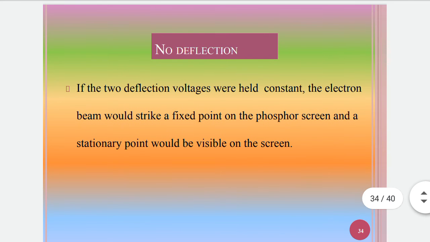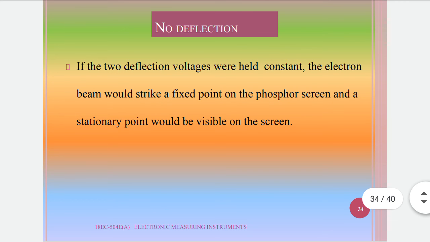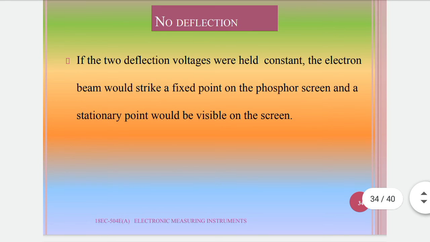So, if there is no deflection, what happens? If the two deflection voltages were held constant, the electron beam would strike a fixed point on the phosphor screen, and a stationary point would be visible on the CRO screen.